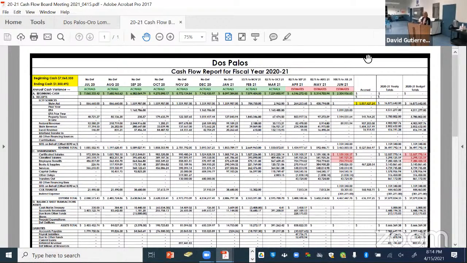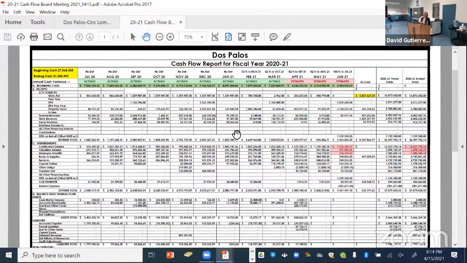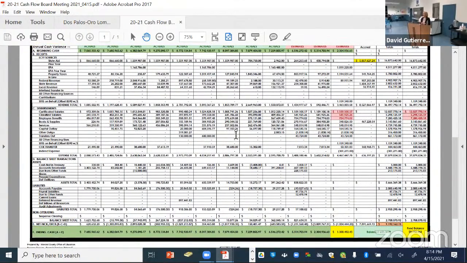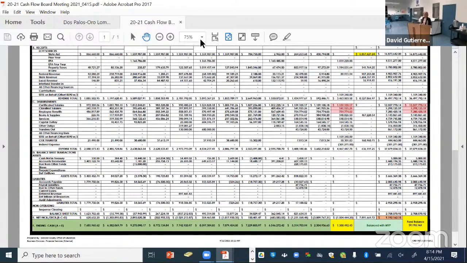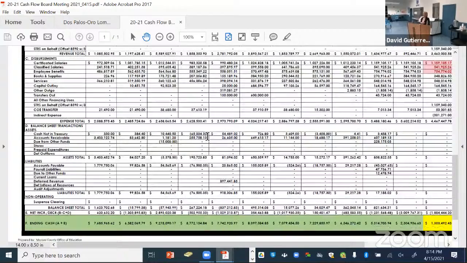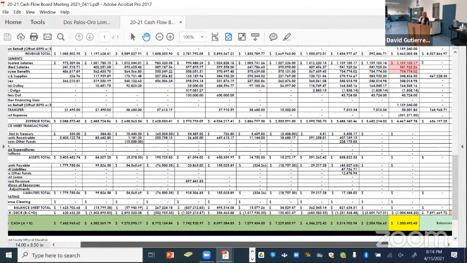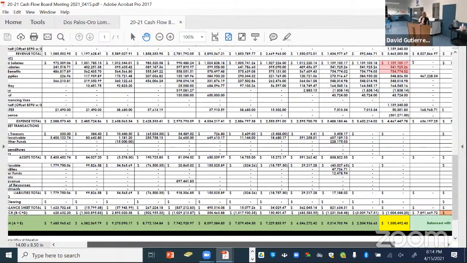So as I said, the cash flow here now shows actuals through the end of March. If you look at the green line at the bottom of the sheet, we started in July with 7.6 million. Because of the deferrals, you'll see a little drop in cash continuing this month, next month, and all the way through June.